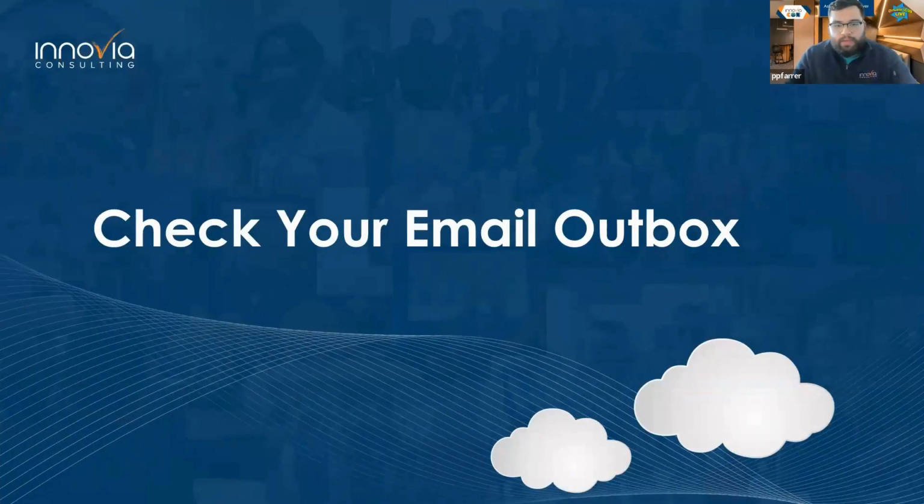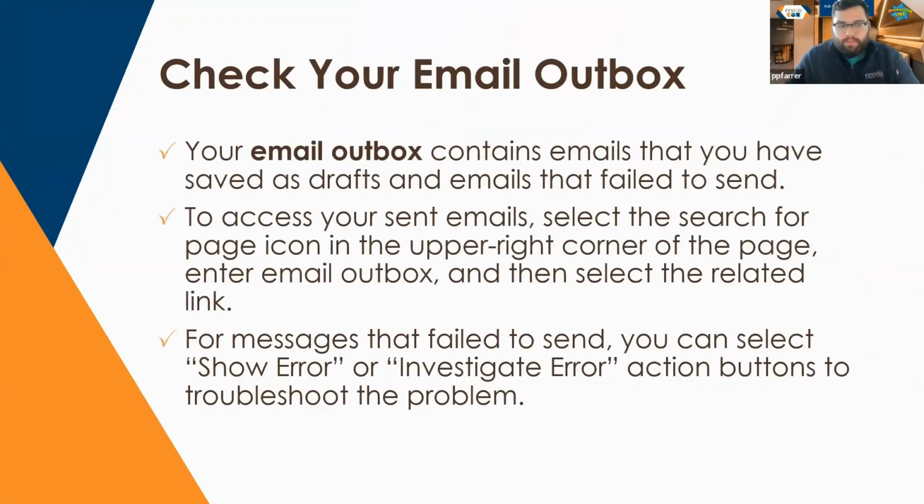And then finally, you have the email outbox. Very similar to the sent email box. Here you're going to see all the emails that have been saved as drafts or have failed to send. So if you have any errors with your sending process, this is where you're going to troubleshoot those errors.